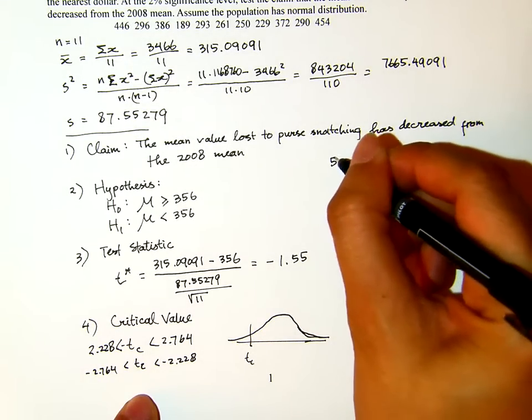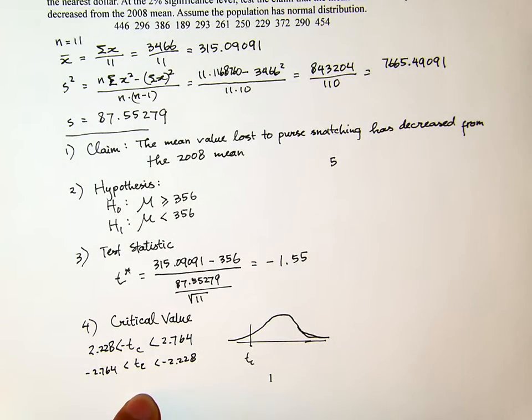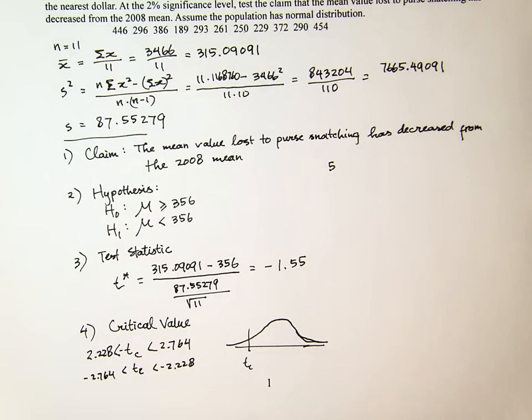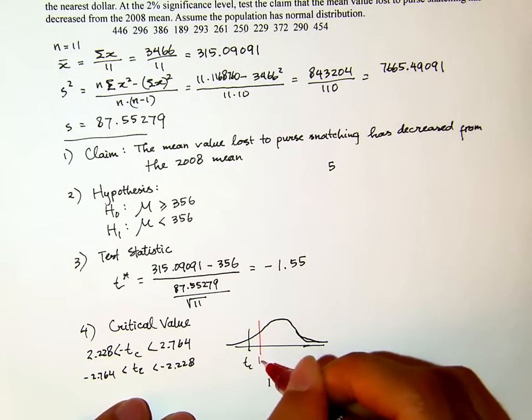In step 5, you see that my t star is here, negative 1.55.